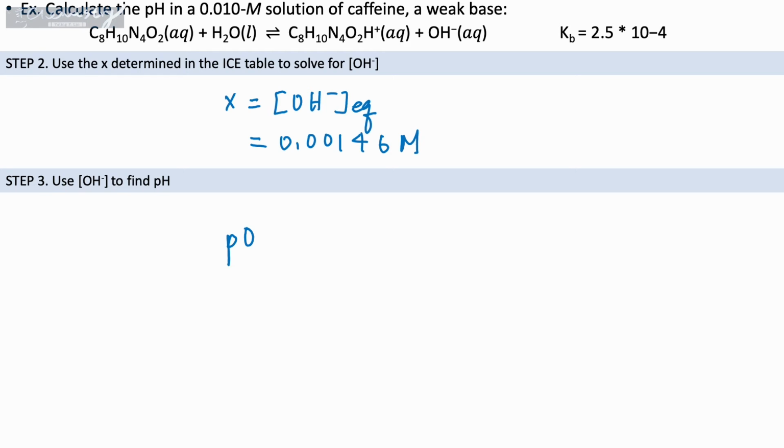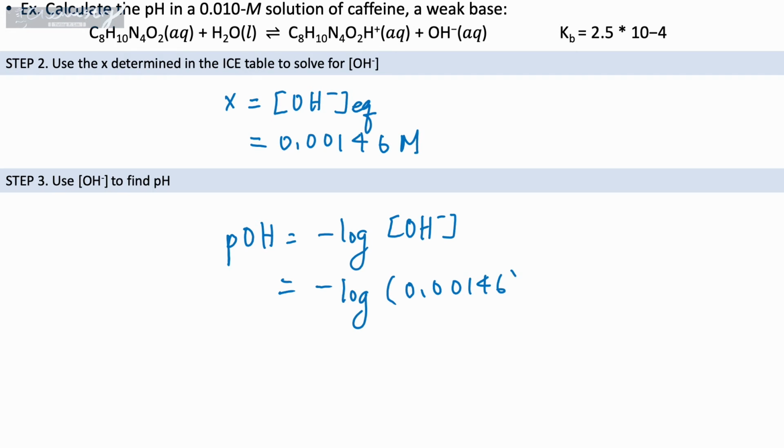So for the pOH, it is equal to negative log of the concentration of the hydroxide ion, which is negative log of 0.00146. So this number, the hydroxide ion concentration at equilibrium, is going to equal 2.84.